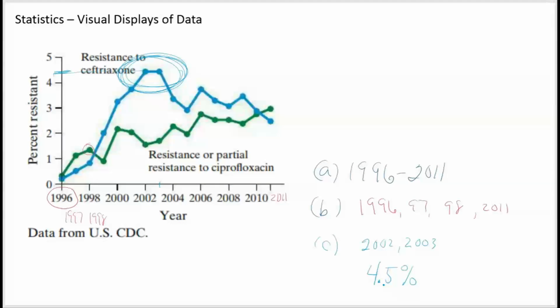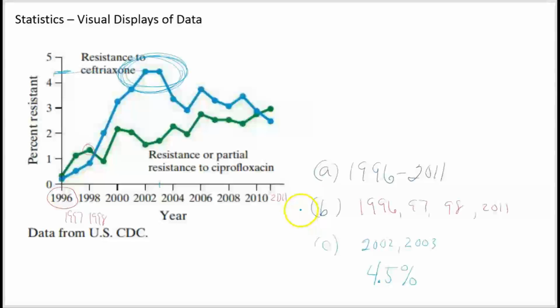So I hope you have a good feel for all the different visual displays of data. We talked about a lot, but I think you're familiar with all these things. Remember the histogram, you have the rectangles that touch each other. Then you have a polygon or a frequency polygon where you label the frequency, but it looks just like a line graph, except it comes all the way down to the axis on the left and down to the axis on the right.